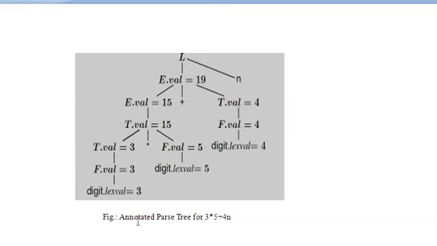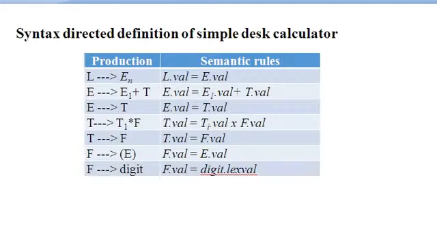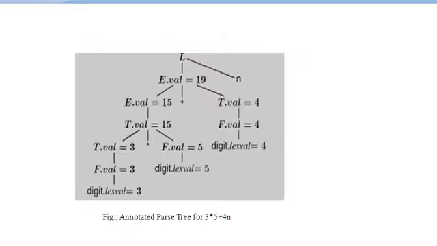So draw the annotated parse tree for 3 into 5 plus 4 n according to this simple desk calculator. In syntax directed definition, it calculates value from its children. So draw the tree from bottom to top.